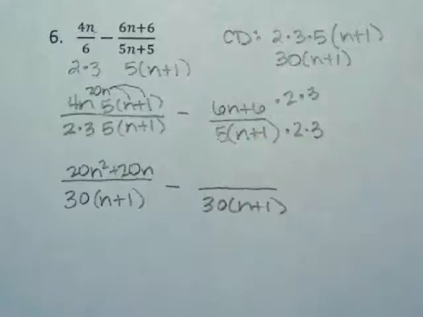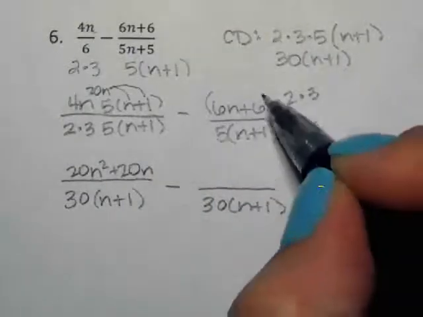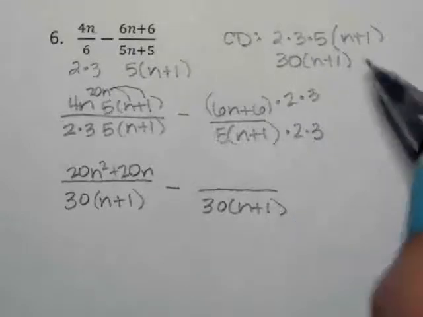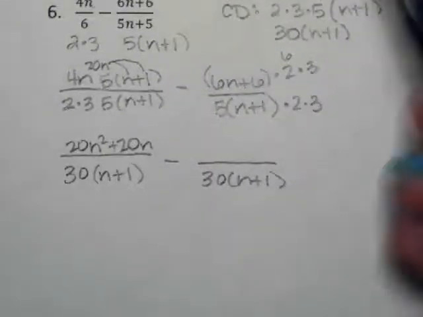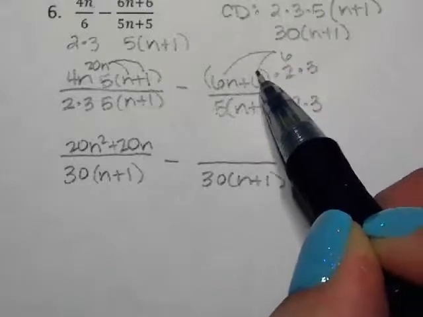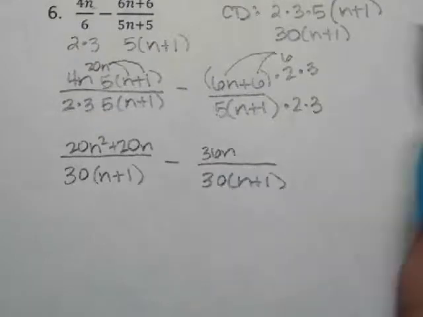All right, over here, we have a 2 times 3, which is 6. So we have 6 times 6n, which we said was 36n. And then 6 times 6 is 36.